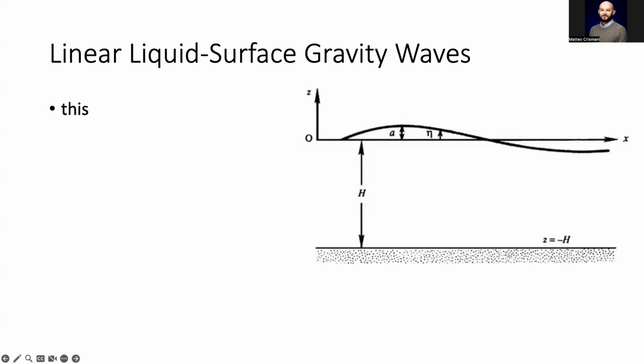So let's take this, and we're going to use the gradient of f here to evaluate del f dotted into u at z equals eta.